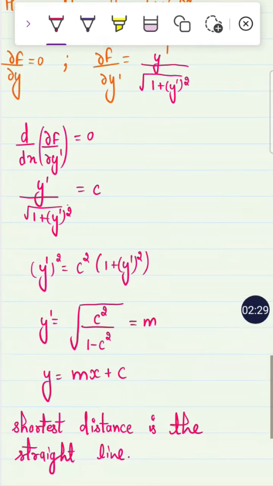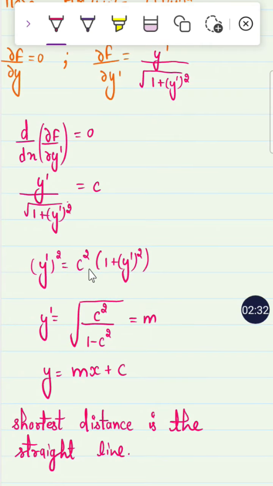That gives y dash whole square equal to c square times 1 plus y dash square. So y dash is equal to under root c square upon 1 minus c square, which is equal to m. After integrating, this gives y equal to mx plus c. This is a straight line equation, so the shortest distance is a straight line.